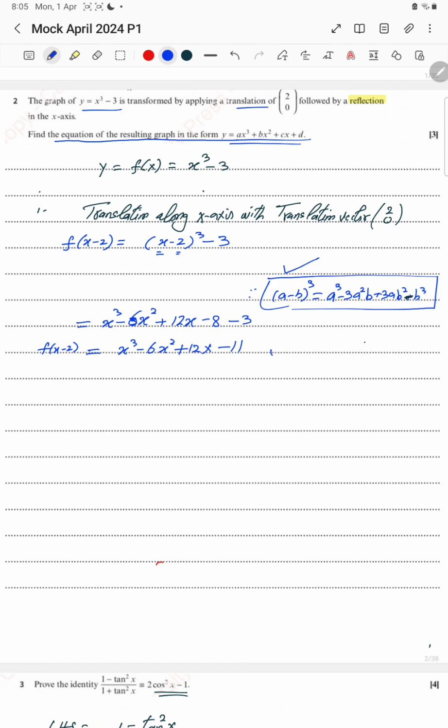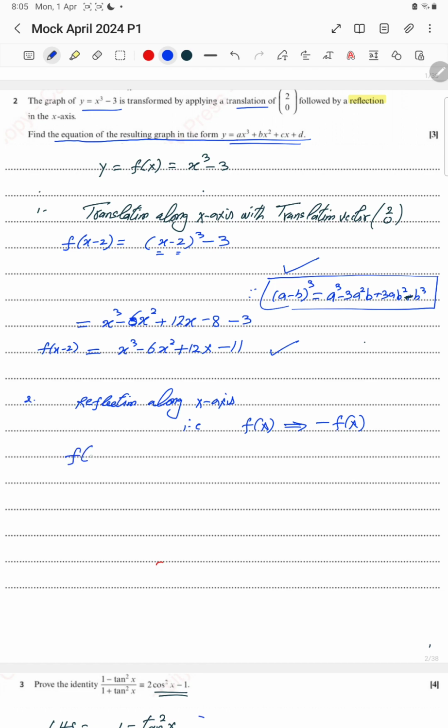Now this result is followed by a reflection in the x-axis. Now the second case is reflection along x-axis. That means f of x will change into minus f of x. So you have to multiply the result we got in the first case by minus.